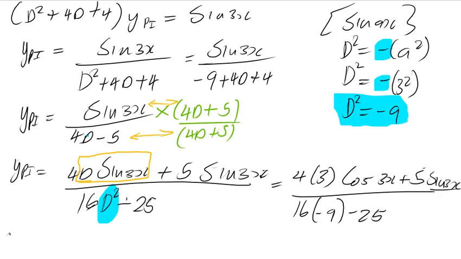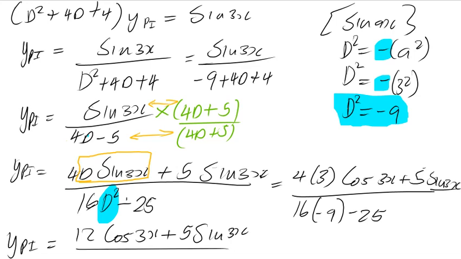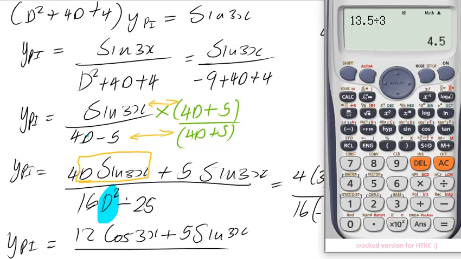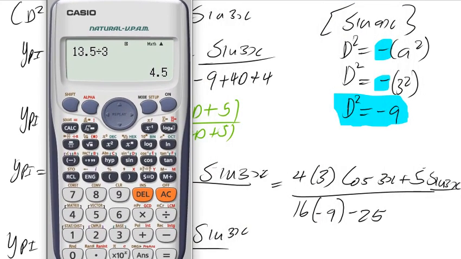And then your y_PI will be equal to 12 cos 3x plus 5 sine 3x divided by, so we're going to punch this on the calculator. Let's put the calculator right here.